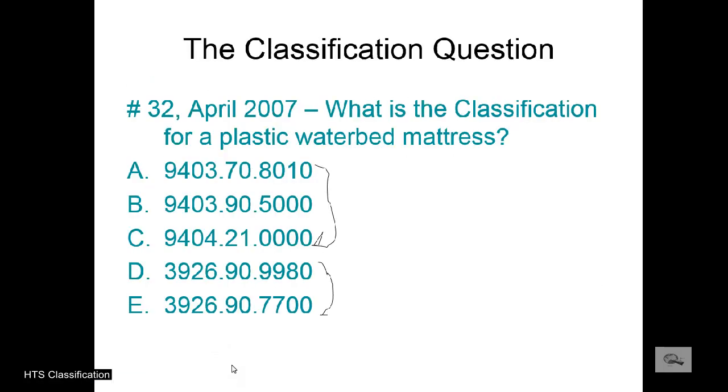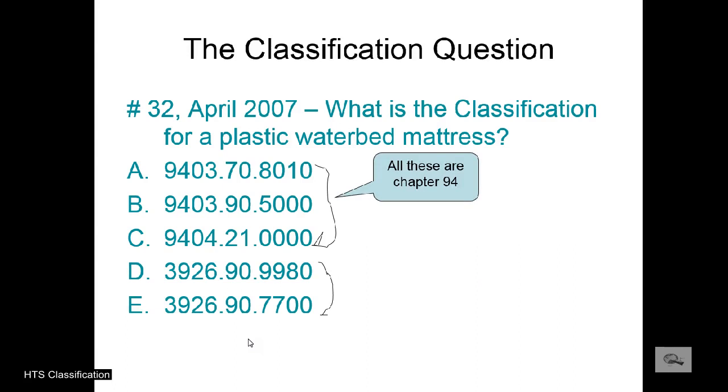Try tackling a real question of classification from the April 2007 Customs License Examination. Most classifiers won't have the luxury of selecting from 5 possible choices of which one is correct. However, this is the way the test is given.